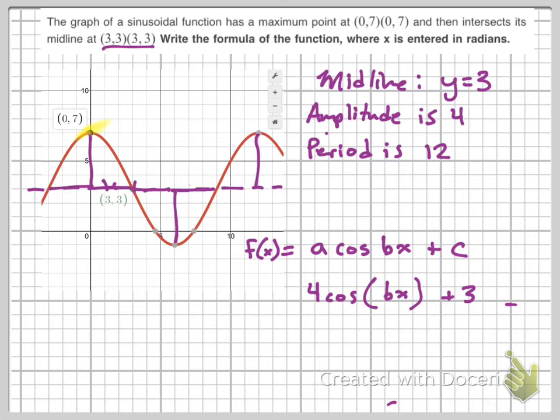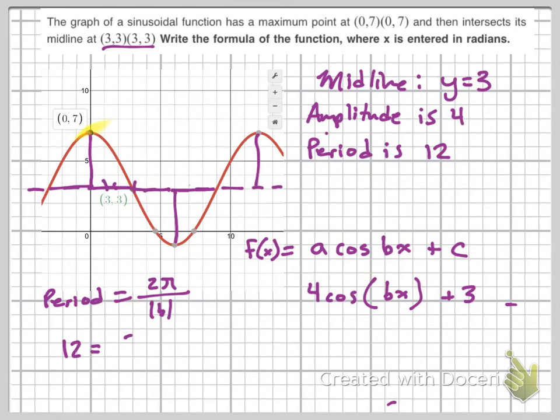Well, we know that we could find the period by doing 2 pi divided by the absolute value of b. Let me rewrite that, absolute value of b. And we know then that the period is 12.